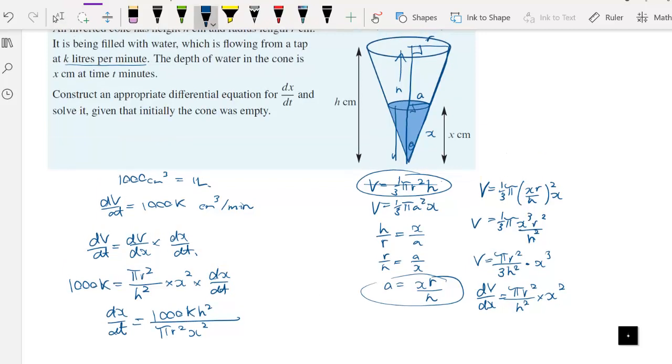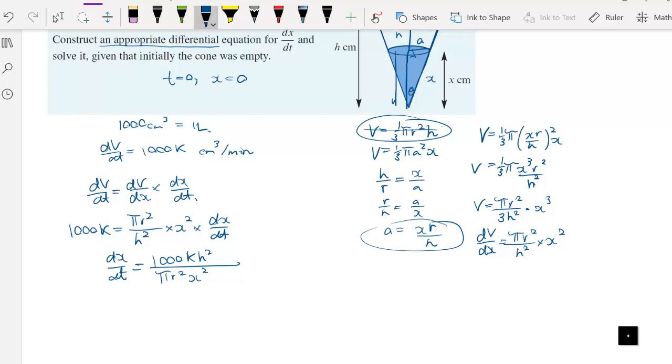Now it says construct an appropriate differential equation for dx/dt and solve it given that initially the cone was empty. So that's when t is equal to 0, we know that x is equal to 0. So in order to solve this, now we have to go through our differential process. We'll multiply across this x squared.